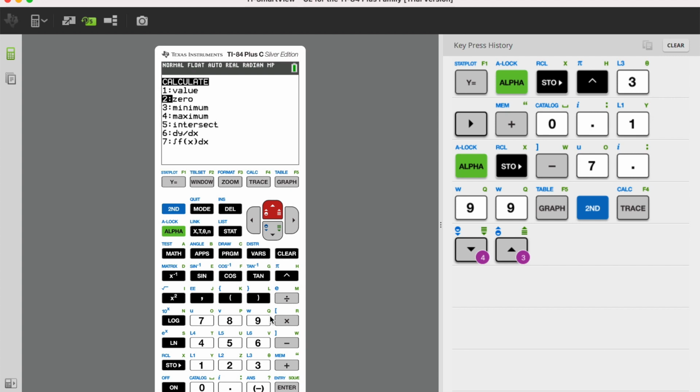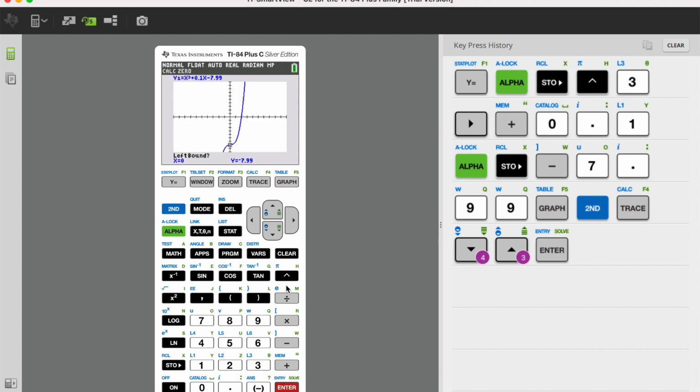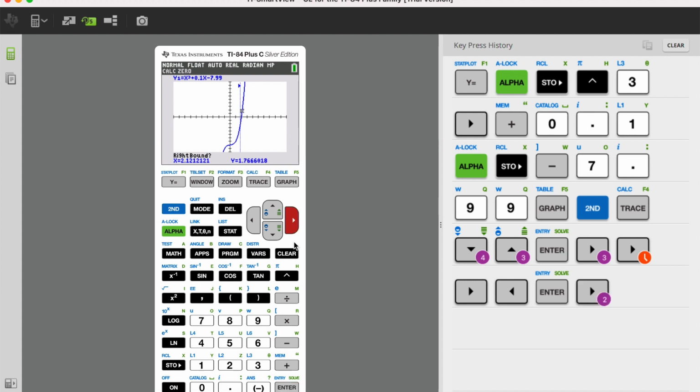Go ahead and hit 0 and hit enter. And then we are going to give it a left bound, so I'll click about here, and a right bound, so I'll go ahead and click about here, and then it wants you to guess where that intersection point is, and it will find the 0 for you. So it's about 1.982 where our function is equal to 0.